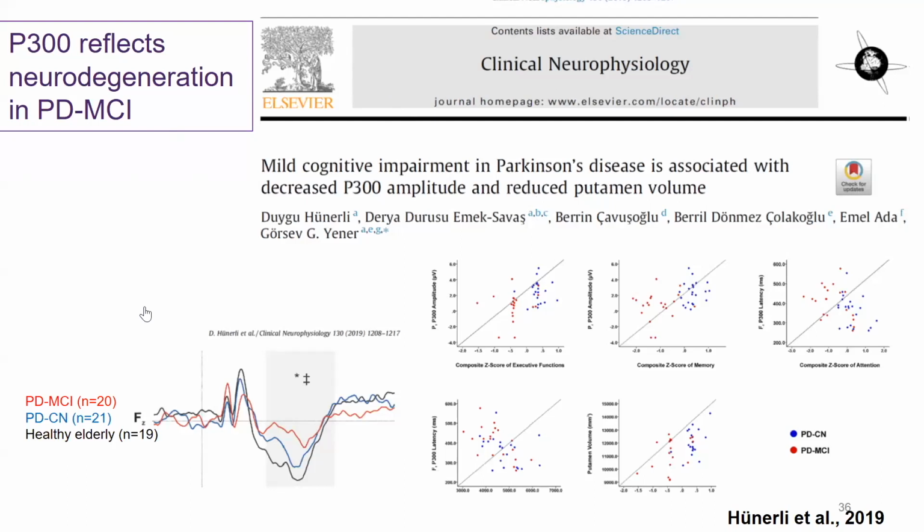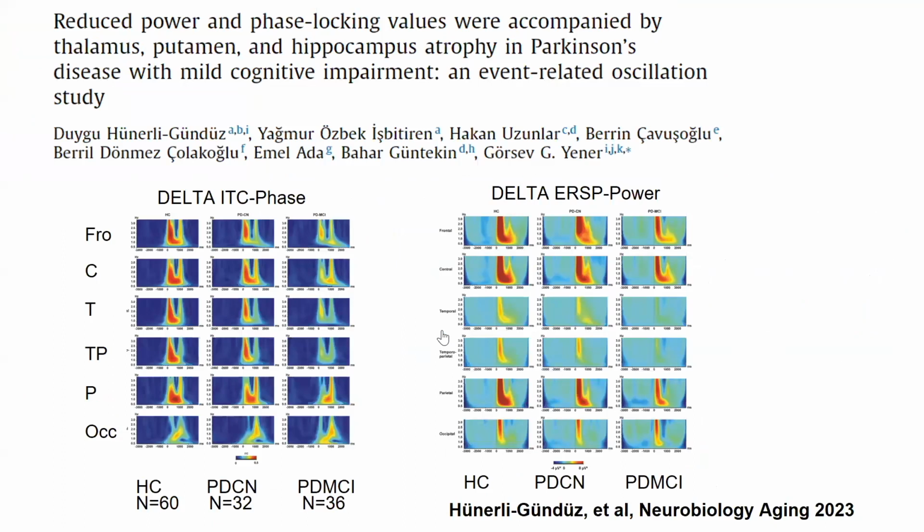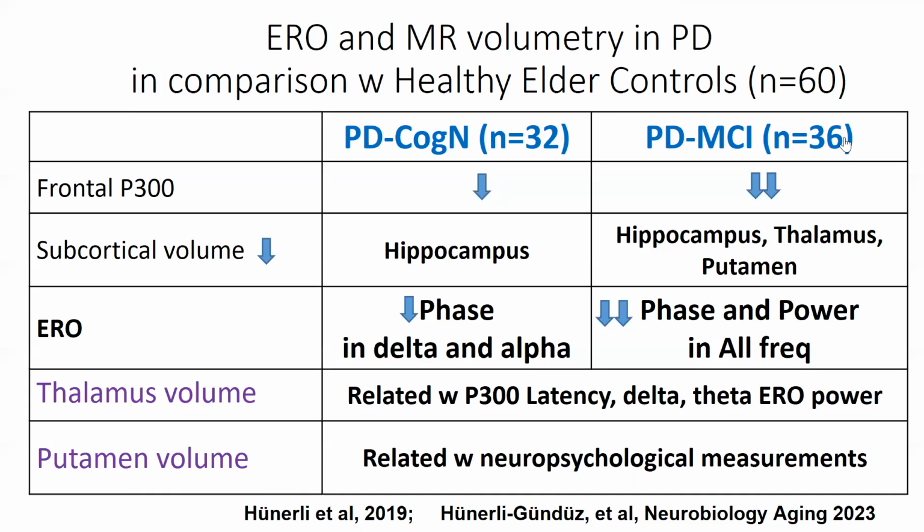And what's more, we can easily say that in cognitively normal PD, phase in delta and alpha decreases first. And when the patients are in the PD-MCI stage, phase and power decrease, with deeper decreases seen in all frequency bands.